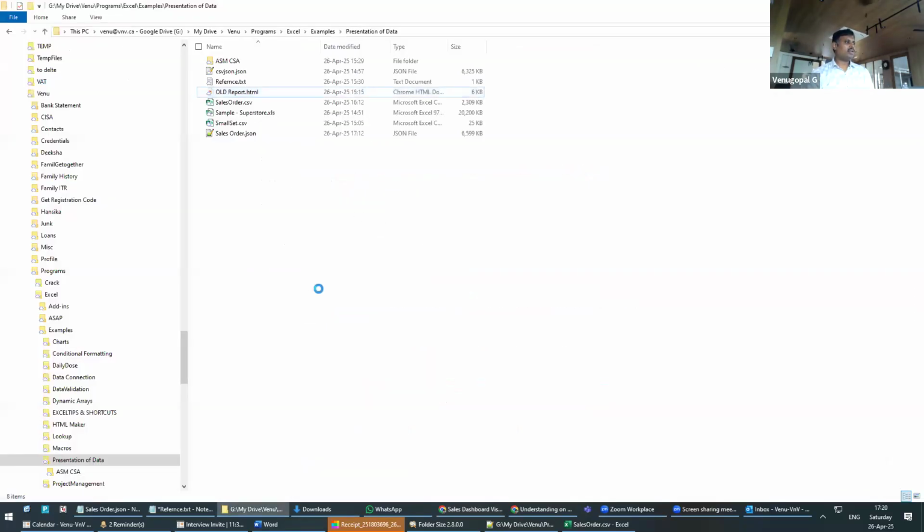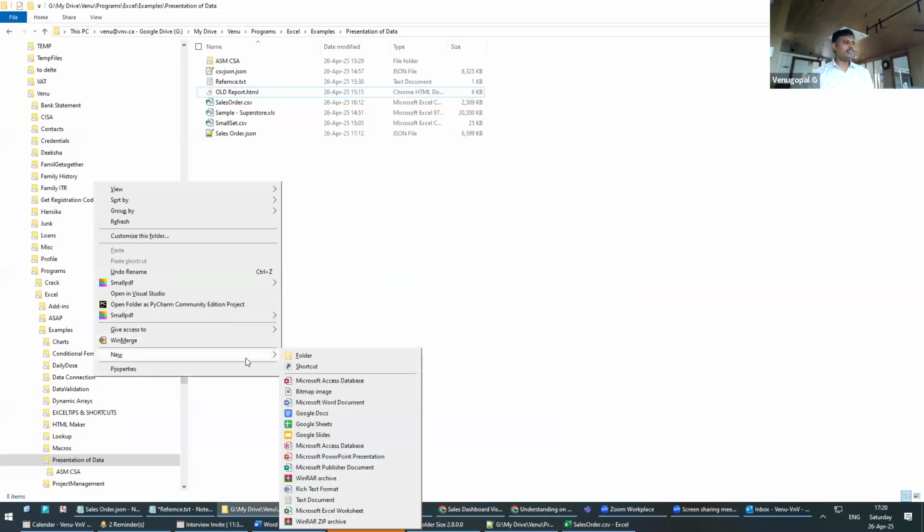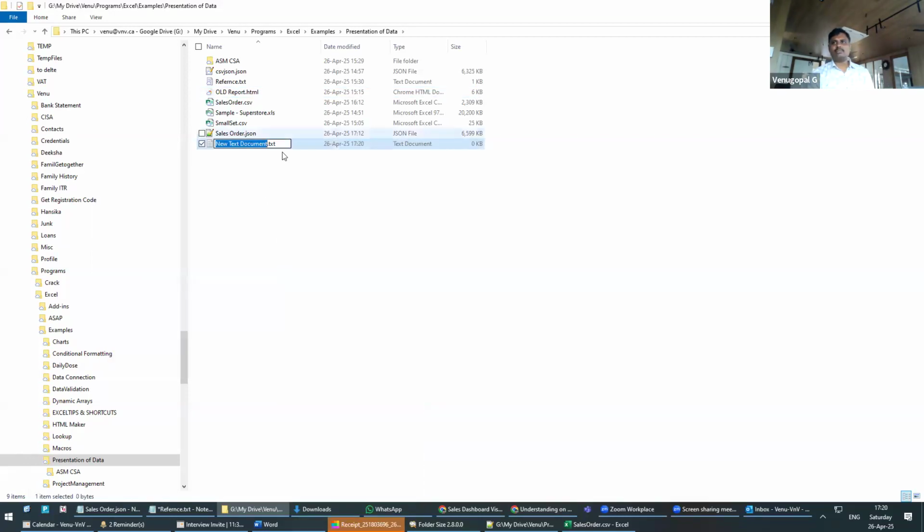Come to a folder wherever you are. I am right-clicking and choosing new text document. Please look at this carefully. I am naming it sales order report, but instead of .txt, I am changing it to .html.